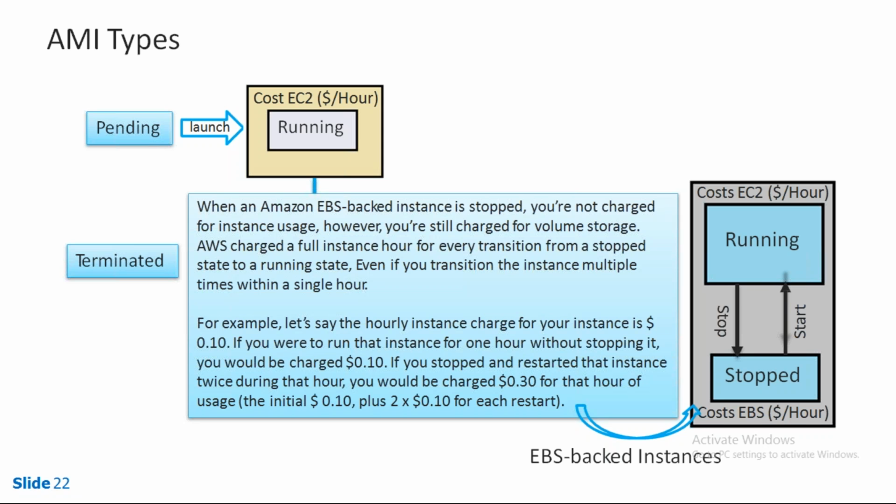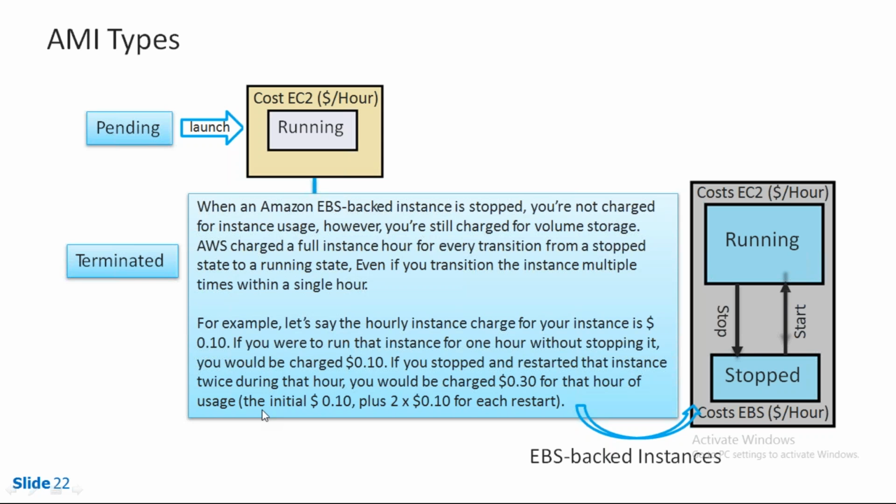For example, let's say the hourly instance charge for your instance is $0.10, which is nothing but 10 cents. If you were to run that instance for 1 hour without stopping it, you would be charged 10 cents. If you stopped and restarted that instance twice during the hour, you would be charged 30 cents for that hour of usage.